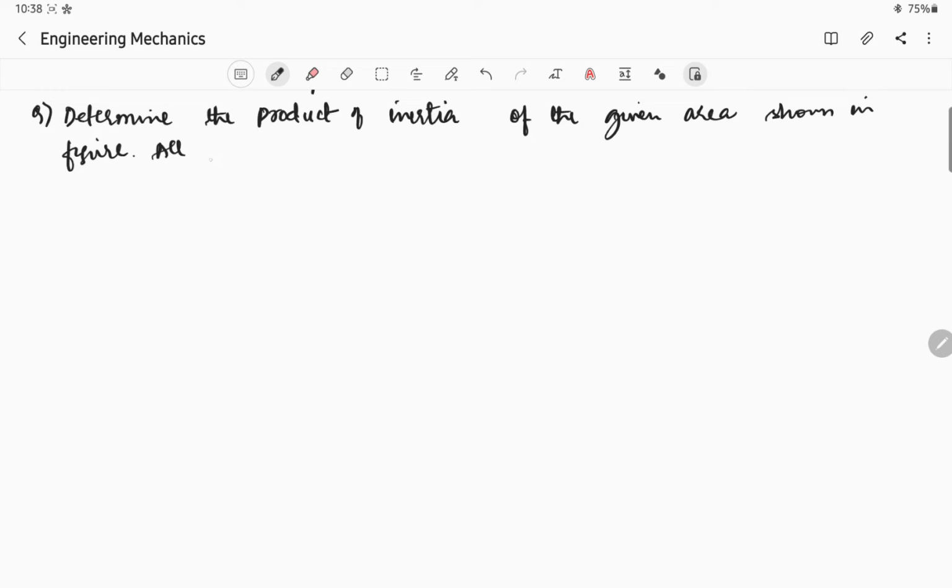Also it is mentioned that all dimensions are in millimeters.